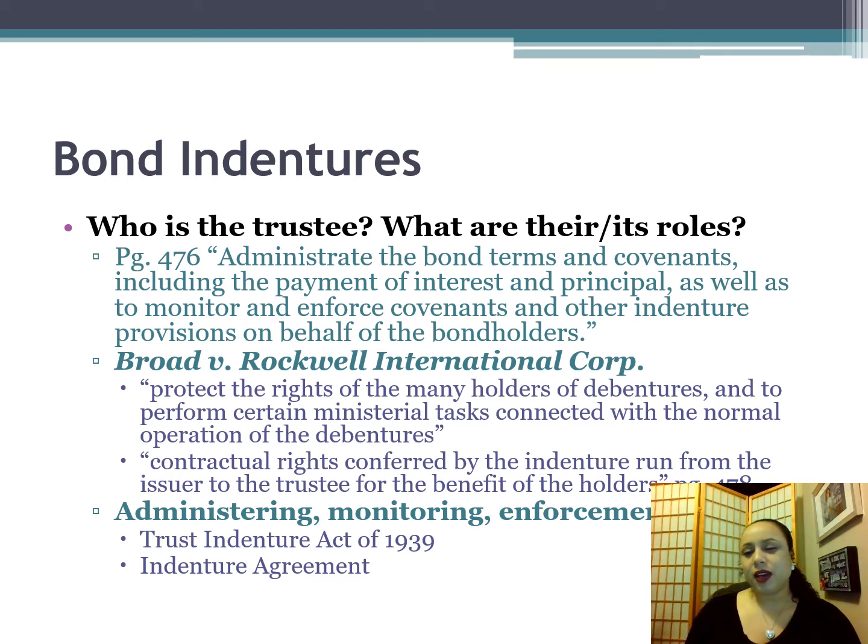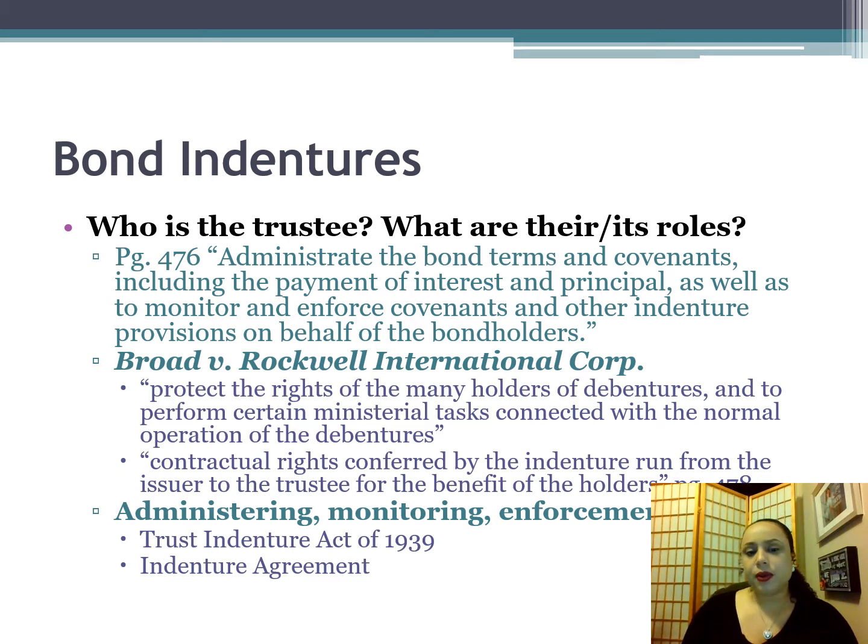And so they really provide this administrative role in helping to facilitate the payments that actually go to bondholders. And so the coupon payments that they're entitled to receive periodically, the payment of their principal upon maturity. If in fact the issuer decides to redeem prior to maturity, they help the issuer to facilitate the transaction.